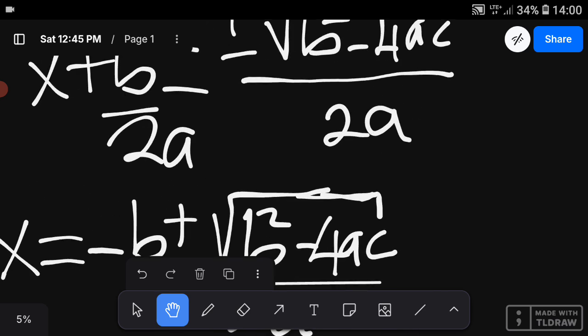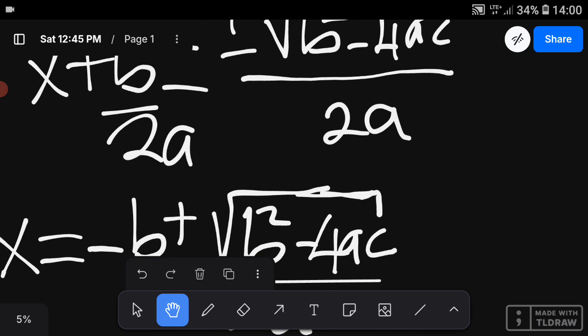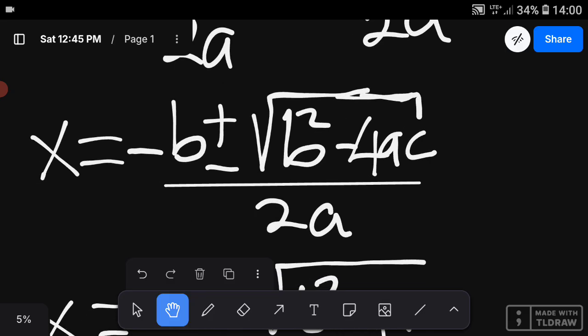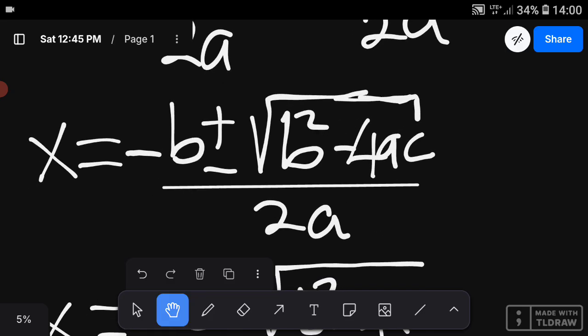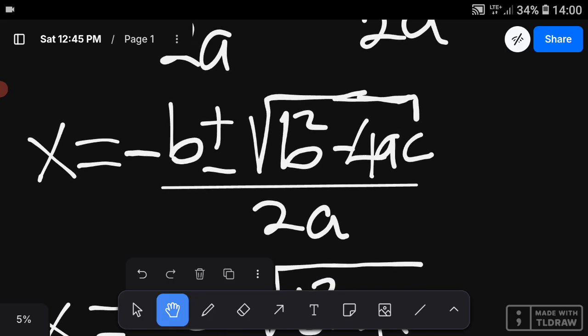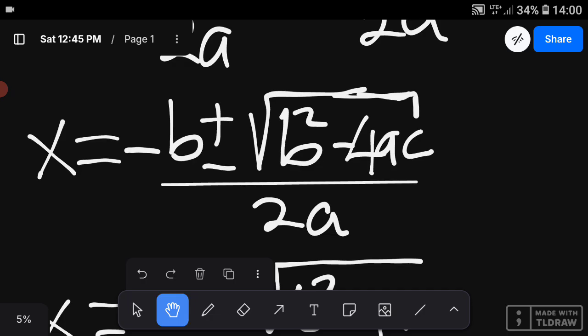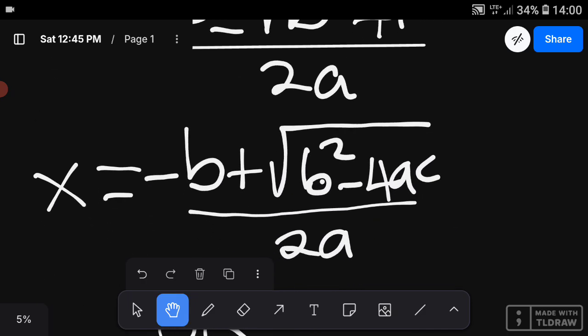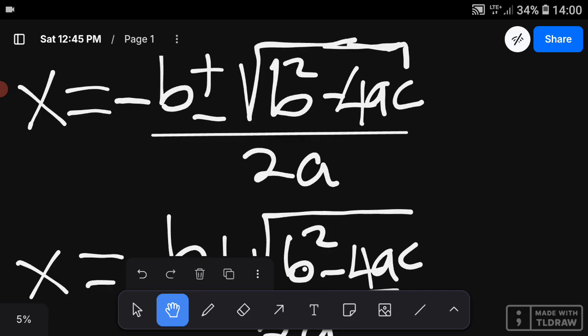If we take the term b on 2a to the right hand side, this gives x equal to negative b plus or minus the square root of b squared minus 4ac on 2a. So what that means is we have two values of x.